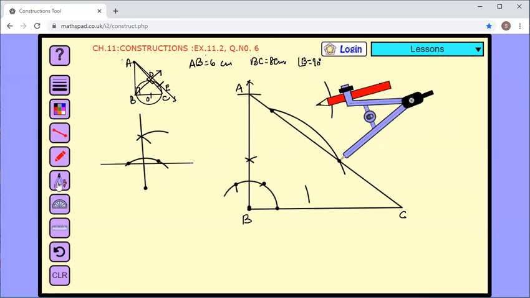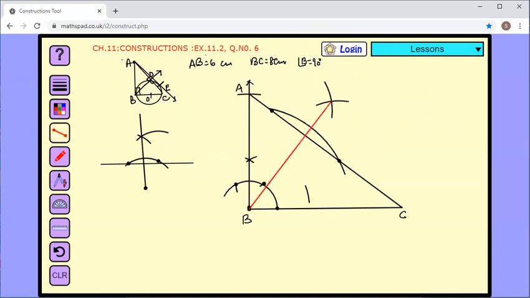So let's have the perpendicular from B. Join this line with this point to get the perpendicular from B. Now this is point D, where this BD is perpendicular to AC.